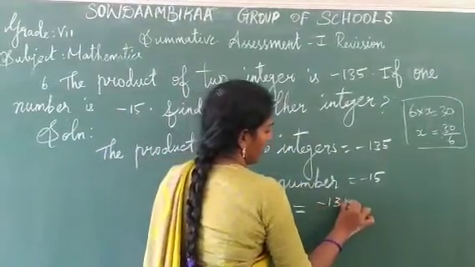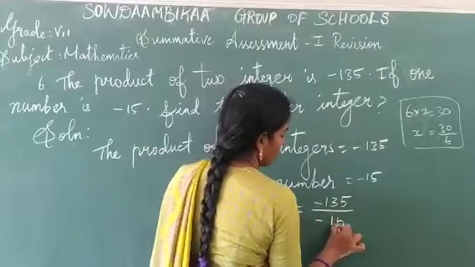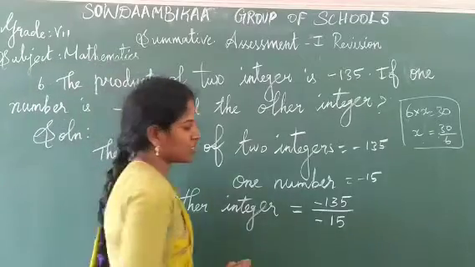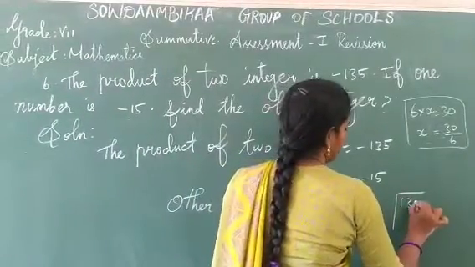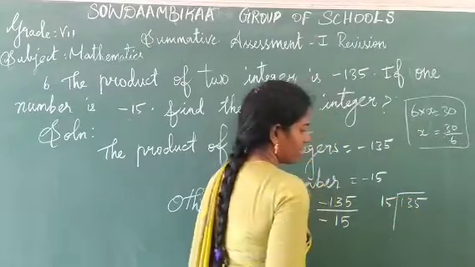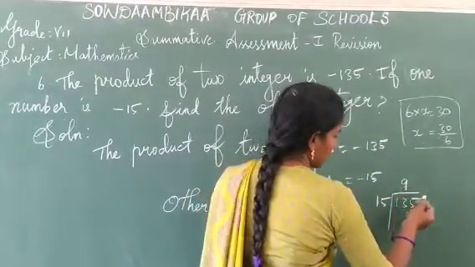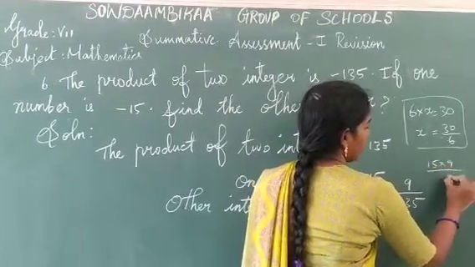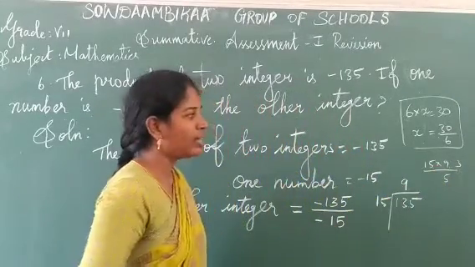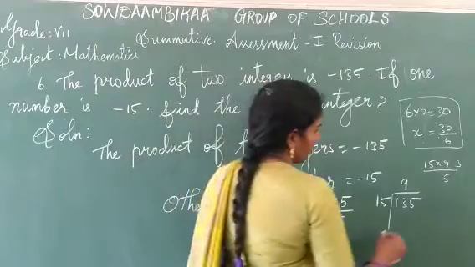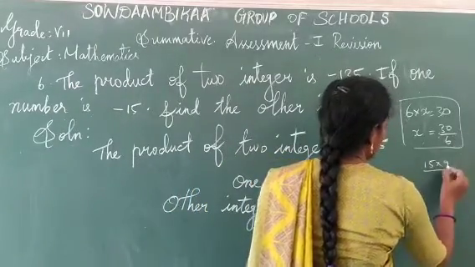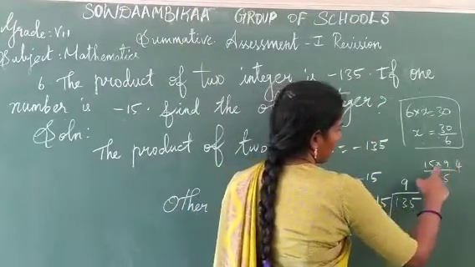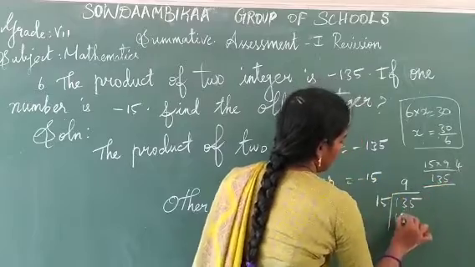Minus 135 is divided by minus 15. In division, minus divided by minus comes plus. 135 divided by 15. Tell the 15 table. 9 15s are 135.